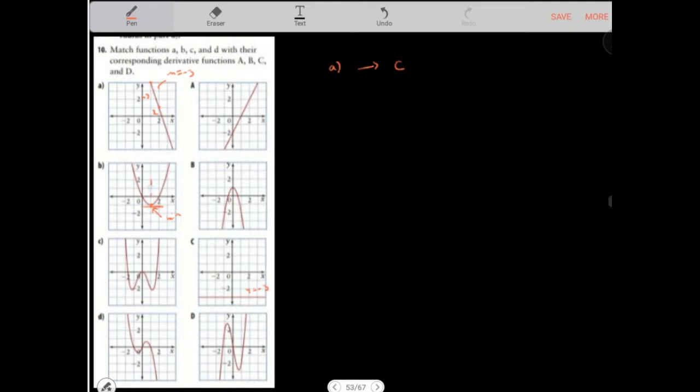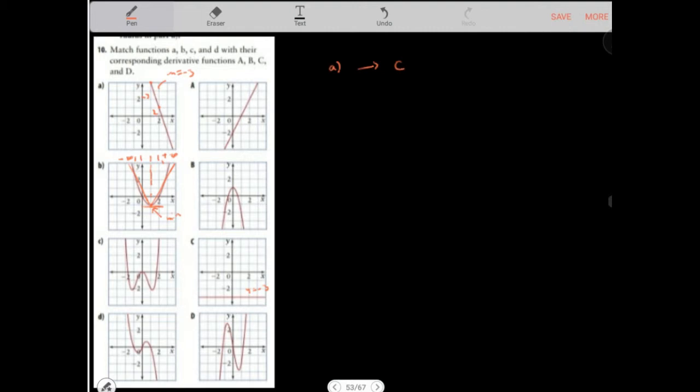And we can notice that from negative infinity to 1 there's a negatively sloping line, but from 1 to positive infinity we have a positively sloping line.